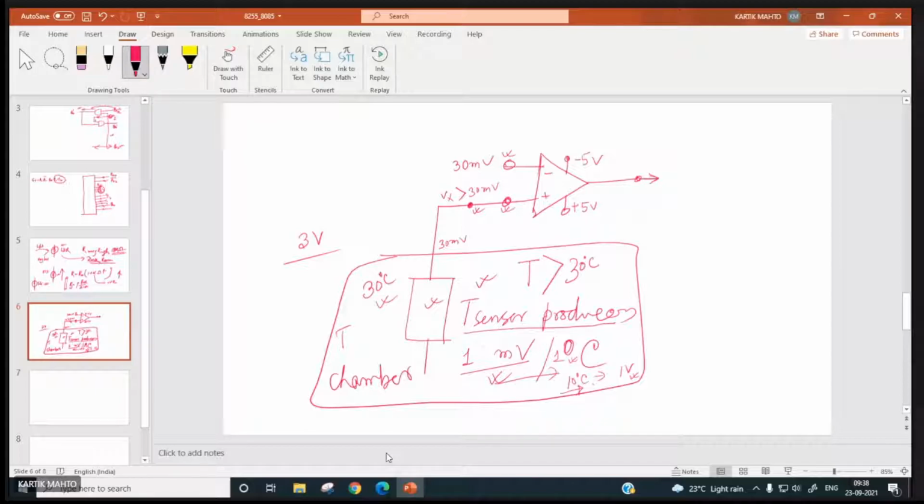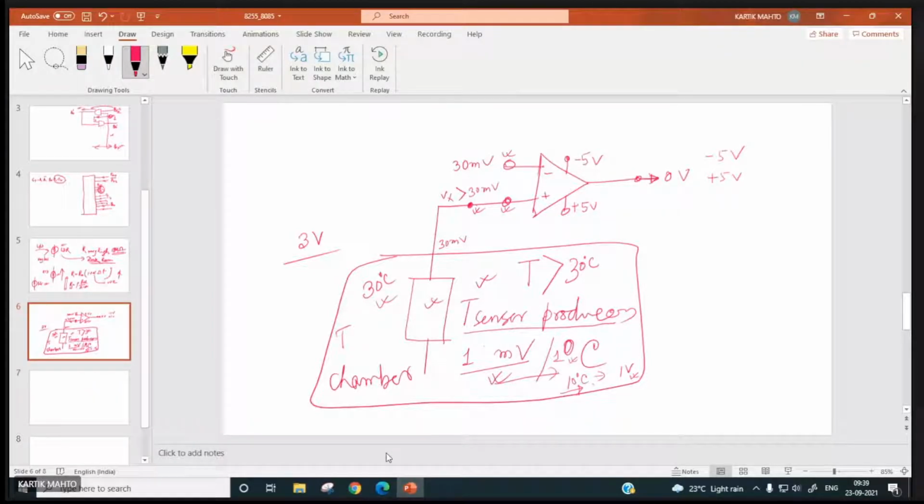Sir, 0. 0 volt. If Vx is more than 30, what will be output? Plus 5 volt. If Vx is less than 30, what will be output? Minus 5 volt. Okay. Yes, sir.